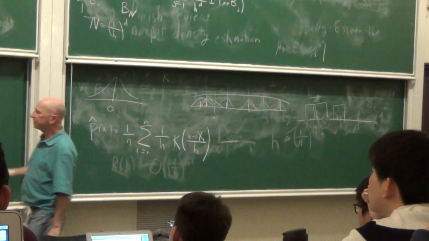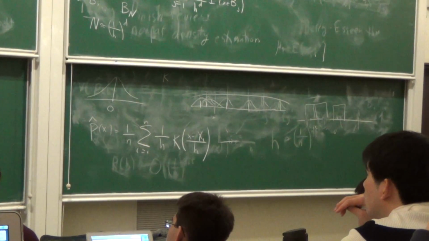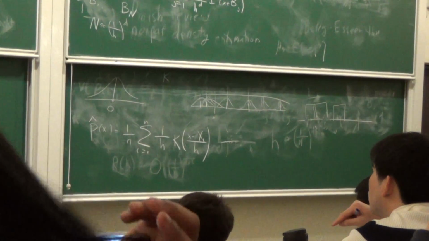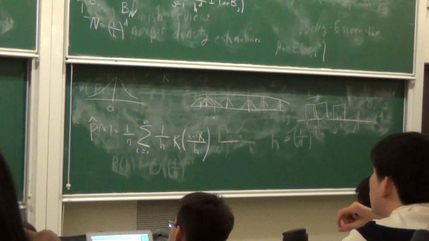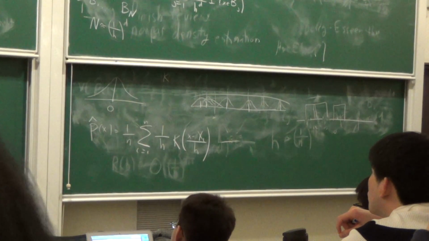So a common thing to do would be to scale all the variables to be on the same scale, and then take a diagonal bandwidth matrix. In other words, the multivariate version that's most commonly used would look like this.